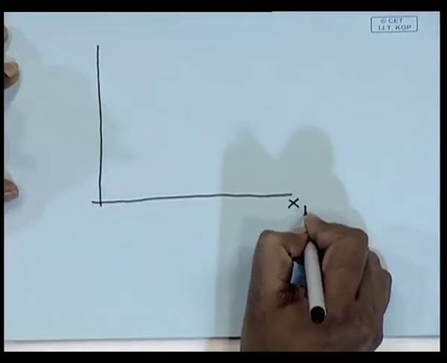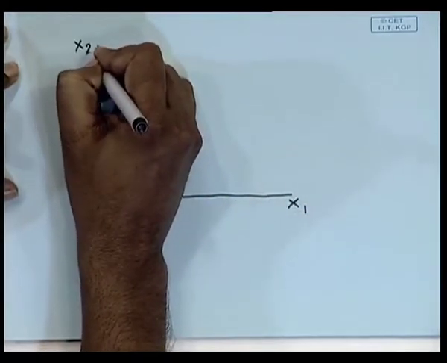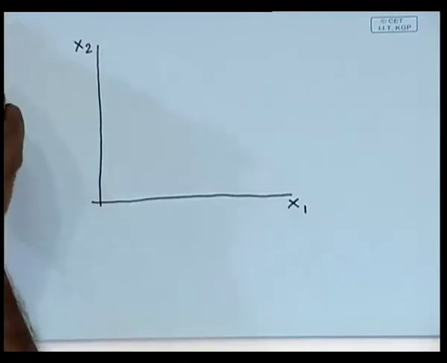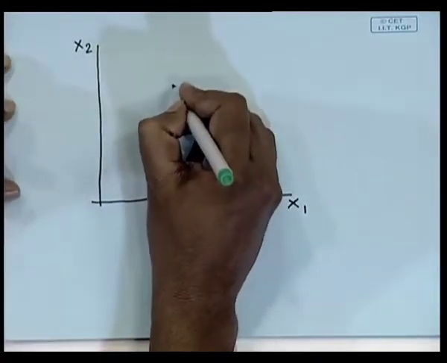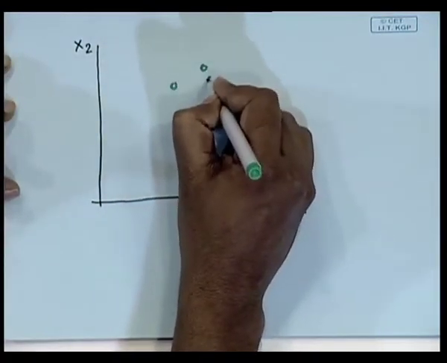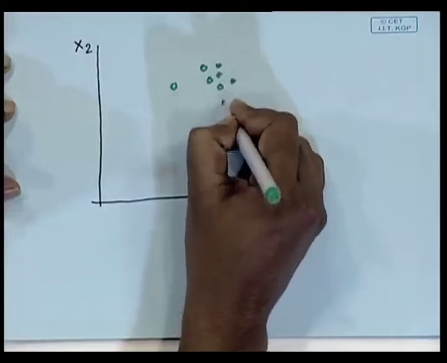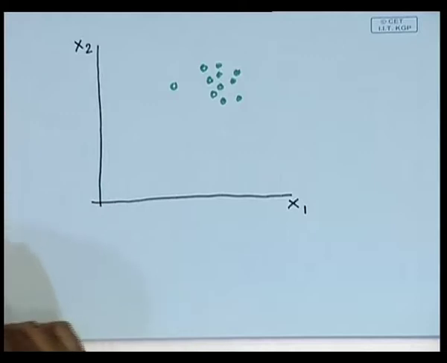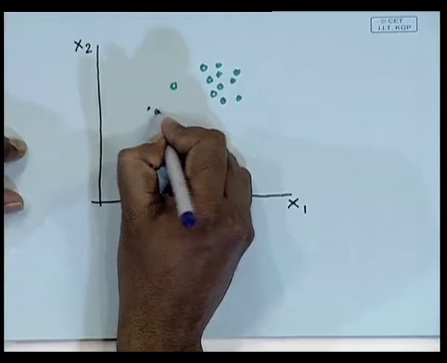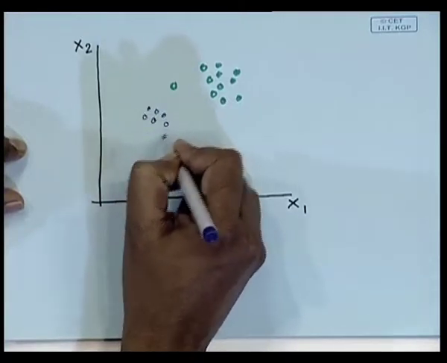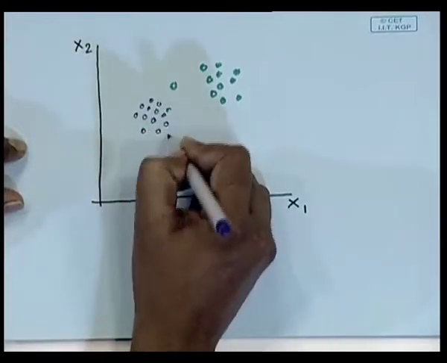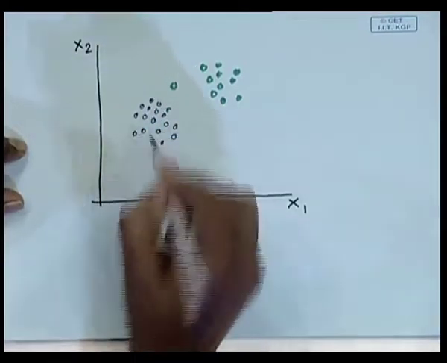So, I again take 2 dimensional feature vectors having the feature components x 1 and x 2, and the samples for one class are something like this, and for another class the samples may be something like this.